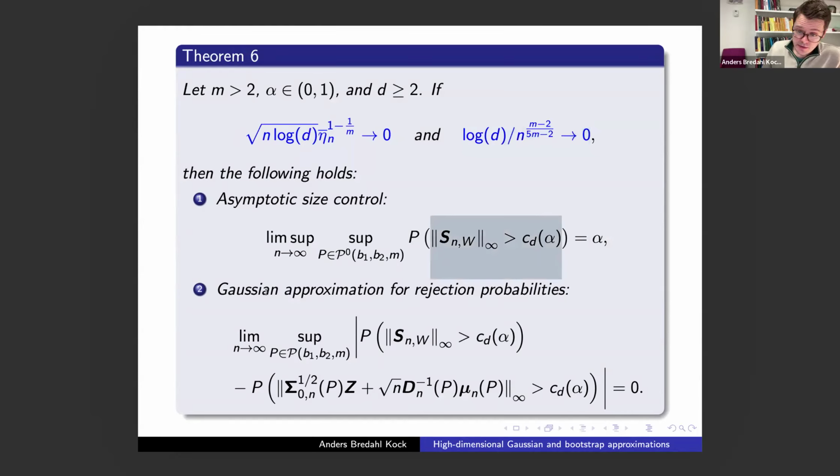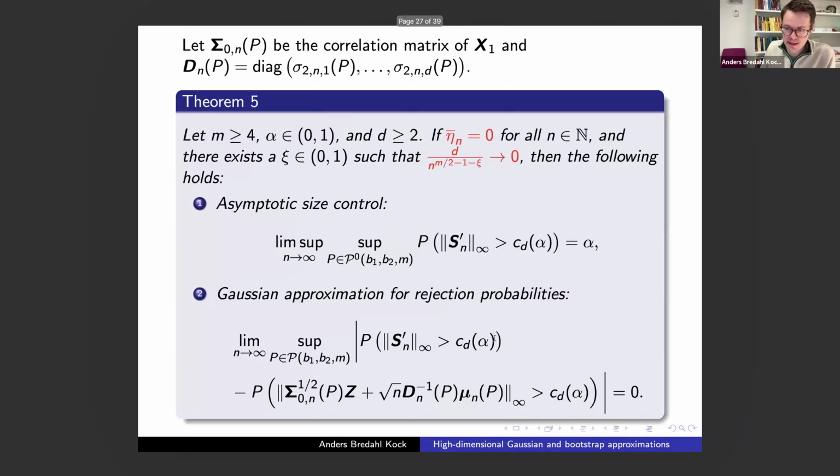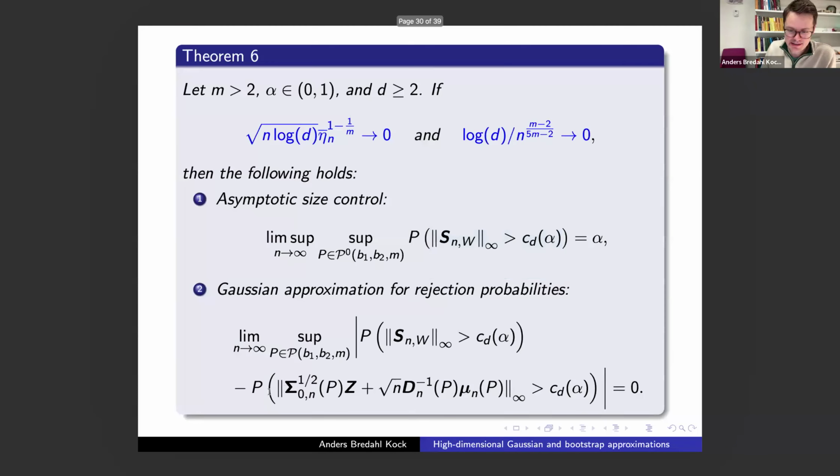And what is more, the Gaussian approximation for my rejection probabilities is the same as that for my plain sums. So notice here I have the probability of the supremum of winsorized means falling above c_d alpha. Here it was for the plain sums. But the approximating limiting Gaussian experiment is exactly the same.